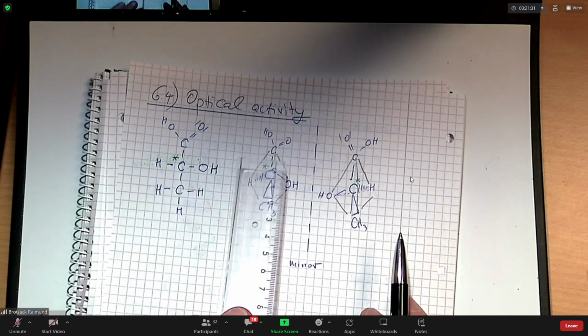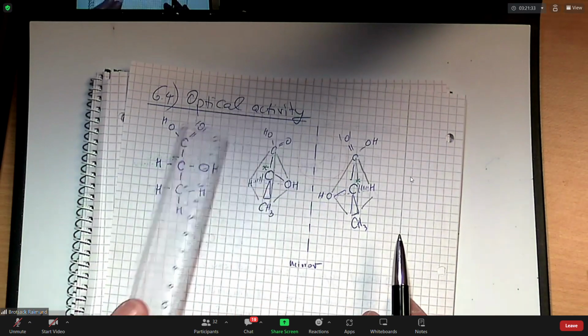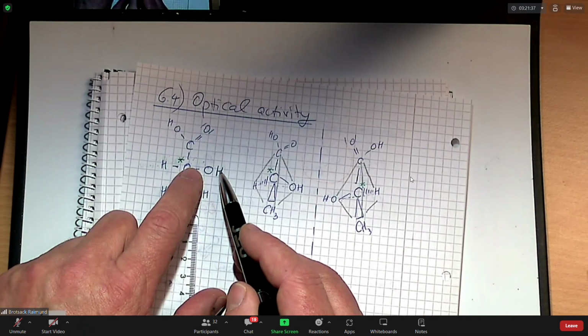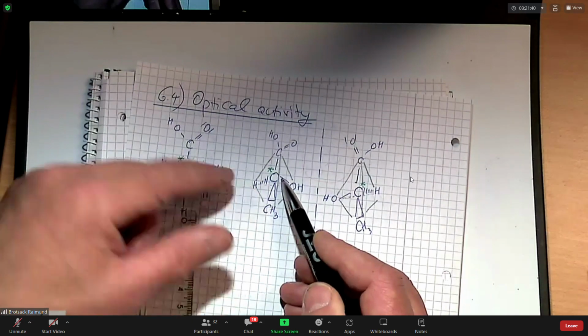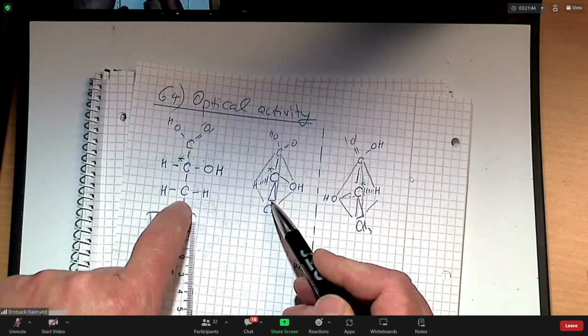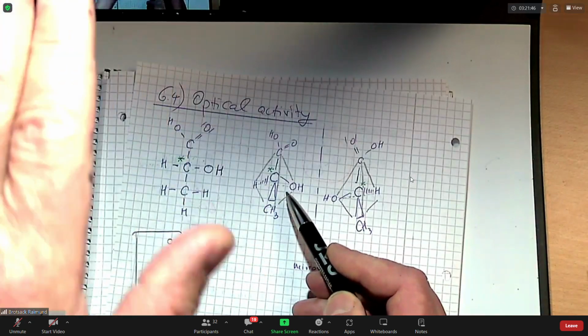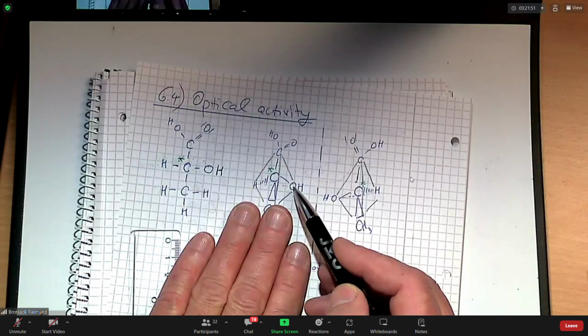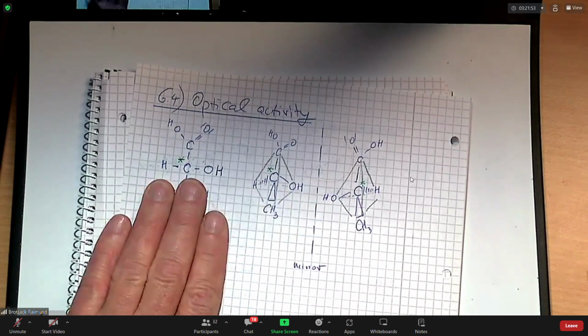When I press the left one in 2 dimensions, then it's like that, because this one comes in the same plane. The hydrogen comes up from the back, and this CH3 is going down to the plane, and that already is in the plane. Now I have it like this.